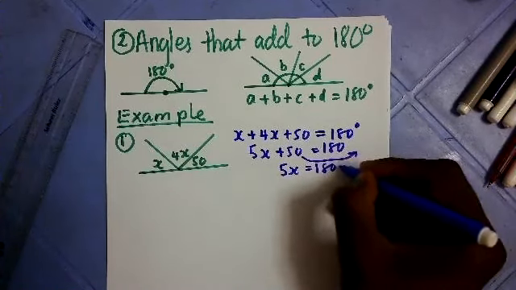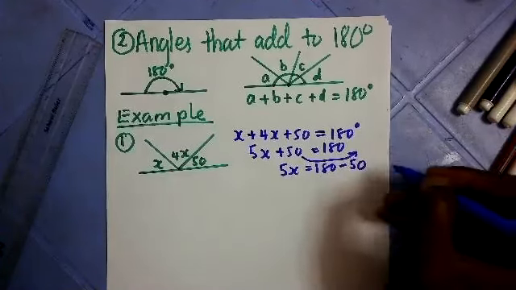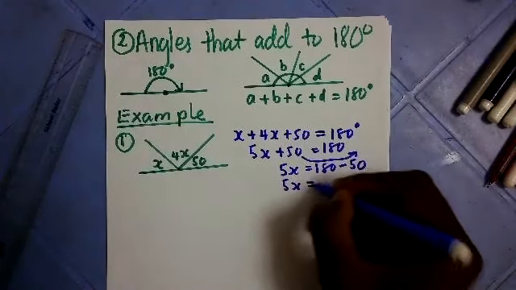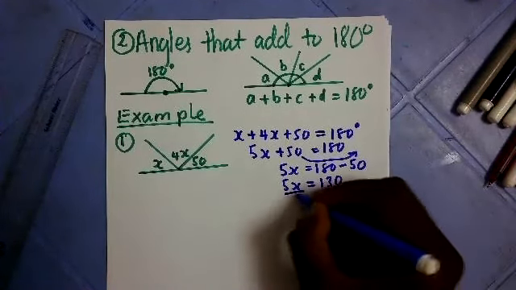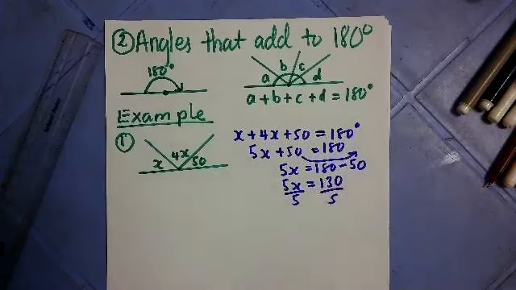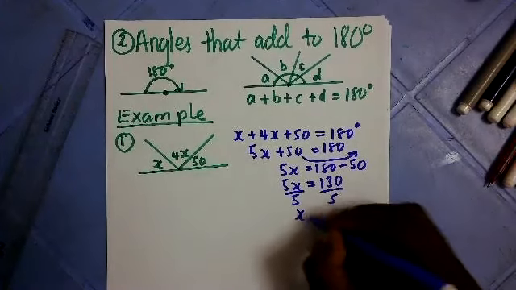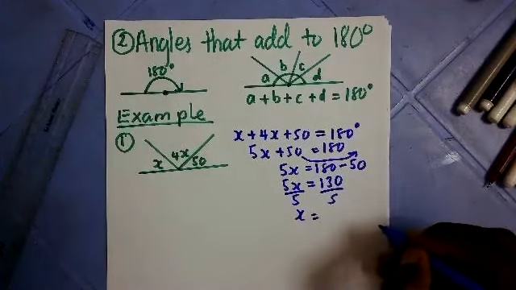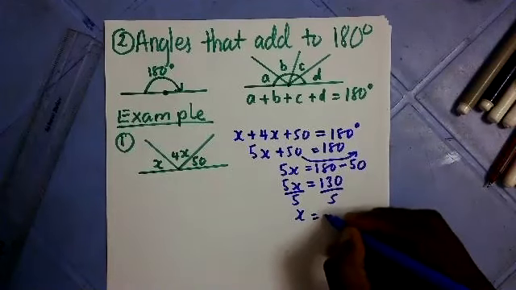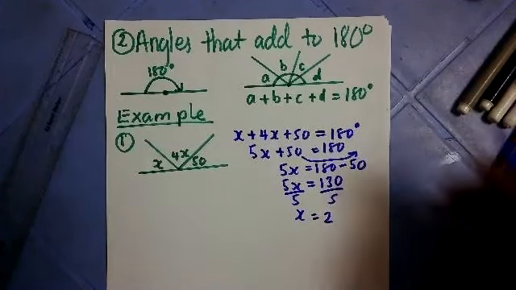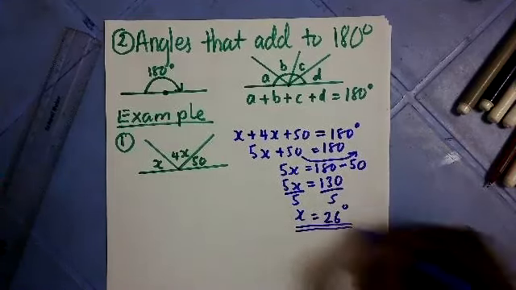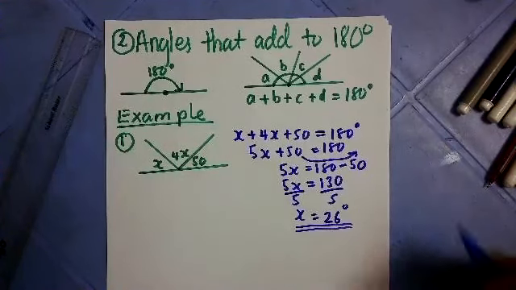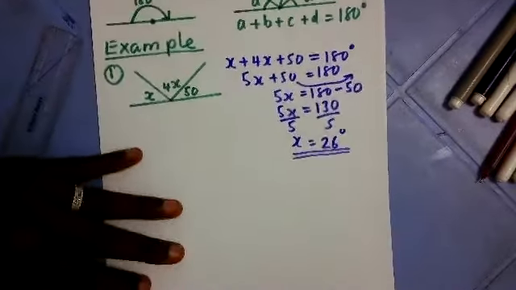So it will be 180 minus 50, and I'll get 5x is equal to 130. I'll divide both sides by 5. So when I divide both sides by 5, I'll get my x as, by 5 there, it will be 2, and I remain with 30, and 30 will give me a 6. So my angle will be 26. Let's see a second example.